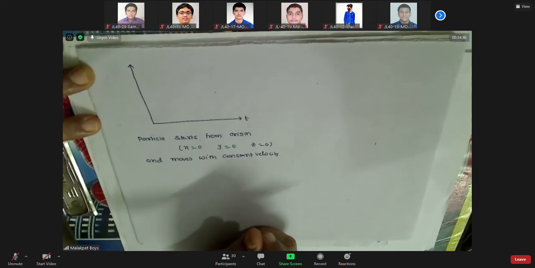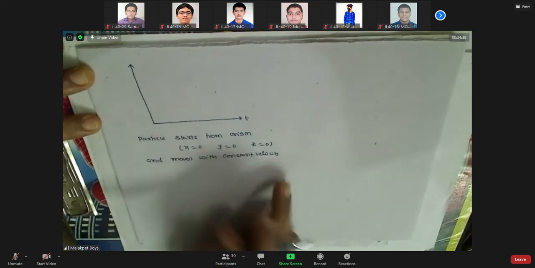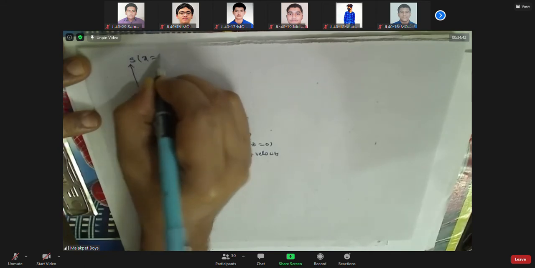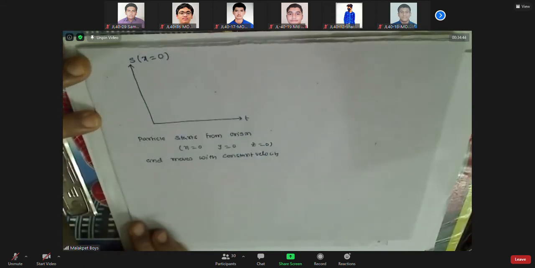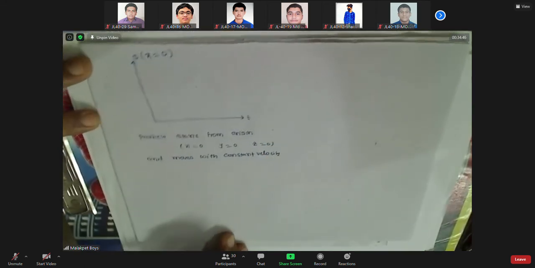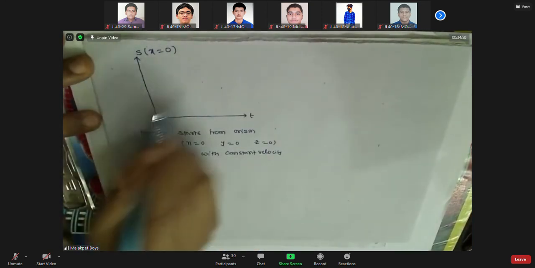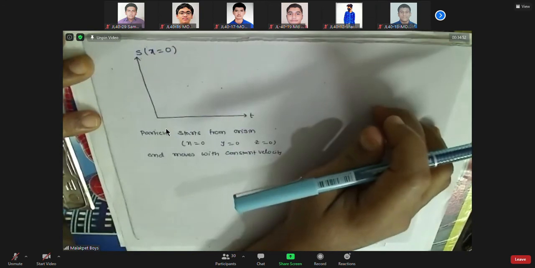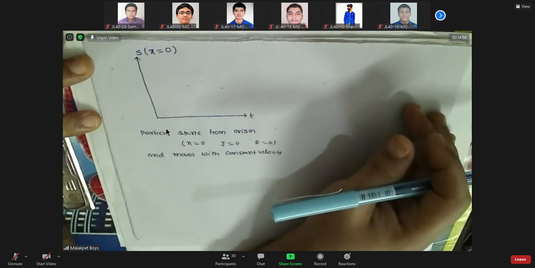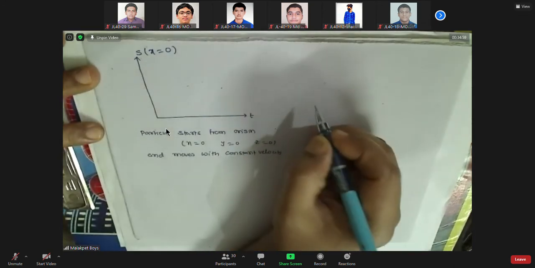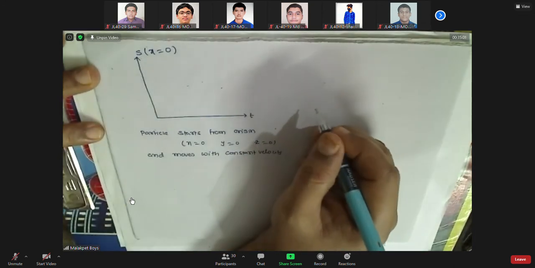Suppose x is displacement. Say x is 0, I'm saying. Followed this. See, with time, you can plot either x or y or z. You cannot plot them at a time. Again, y versus x you can plot. Again, z versus x you can plot. Follow this. So here, as the particle is moving, what will happen?